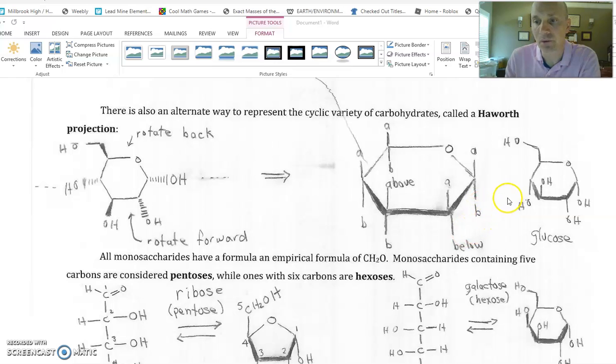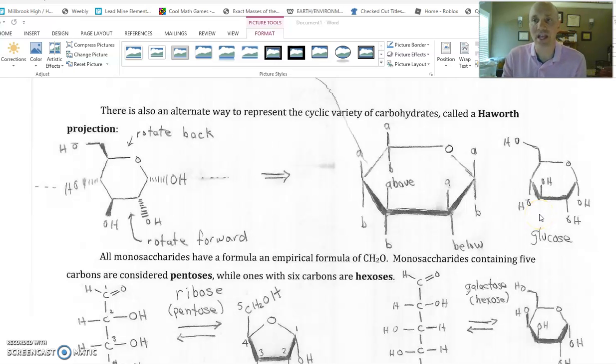So if I was to show glucose, a common way I can do it is just like this right here, where all I do is draw this Haworth projection, and when I show whether the hydroxyl is going up or down, just recall that if there's a hydroxyl going up here, there's a hydrogen that's just not drawn there that's going down.